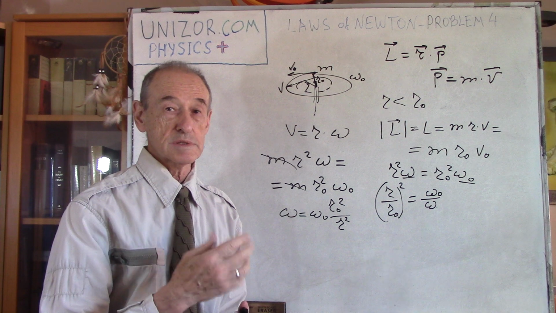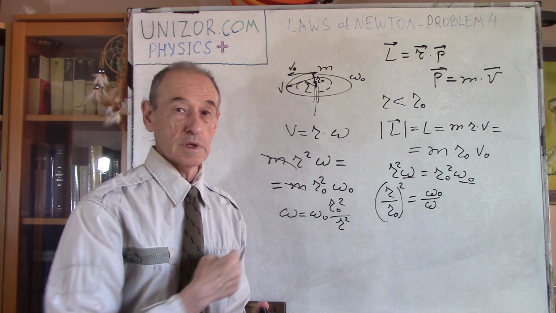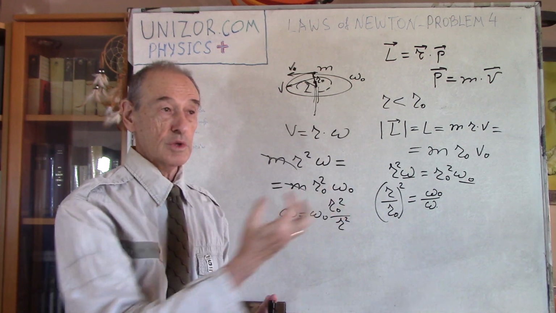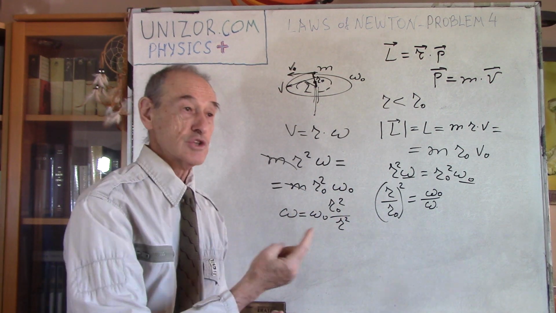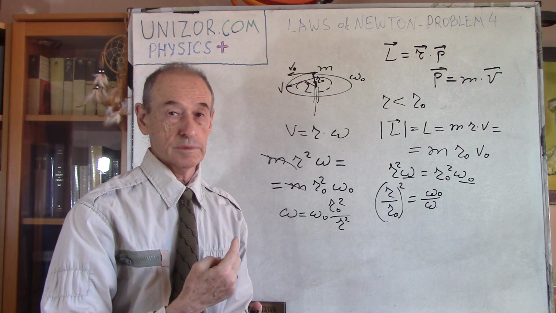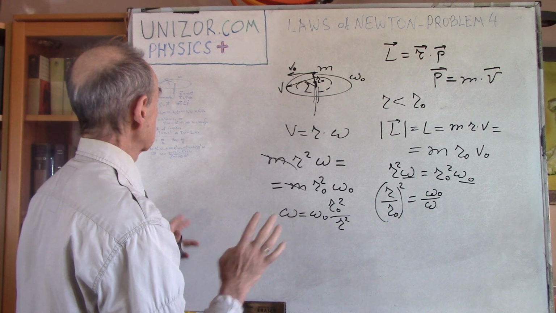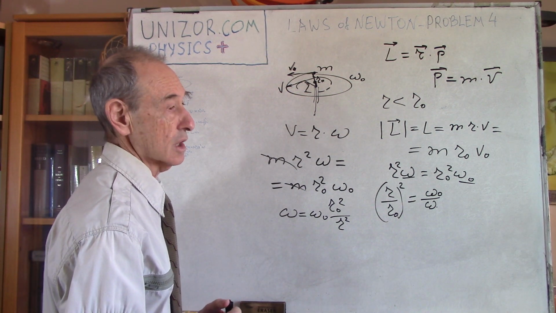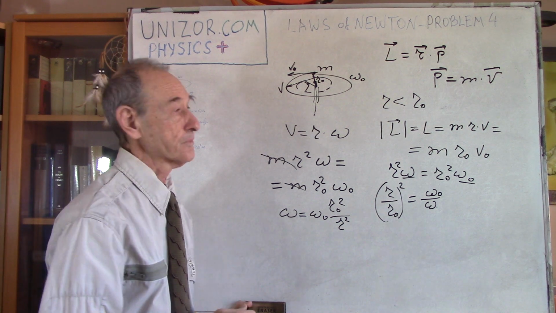You can calculate the speed at which it's supposed to be rotating, linear speed or angular speed. If you want it closer to the Earth, it should really spin faster to hold the orbit. Okay, so that's basically the simple physics behind this rotation with a changing radius.